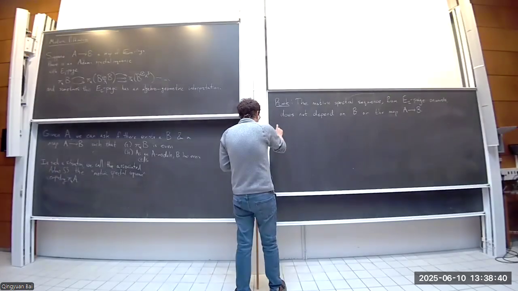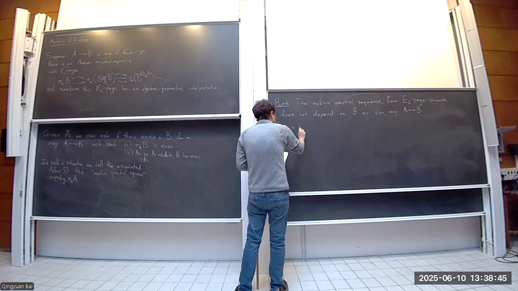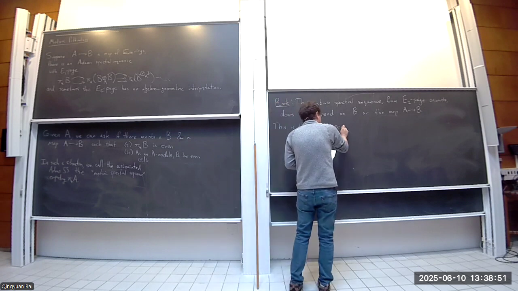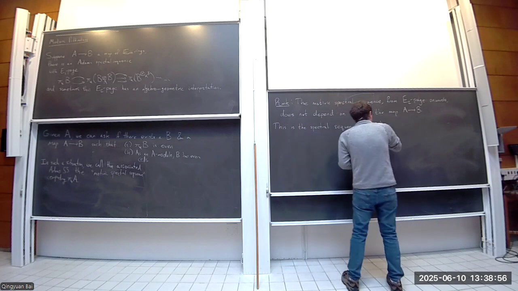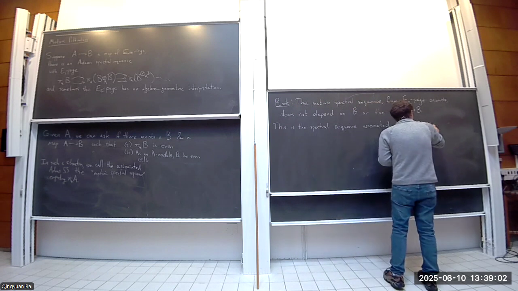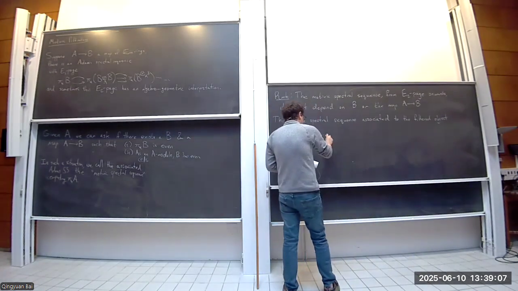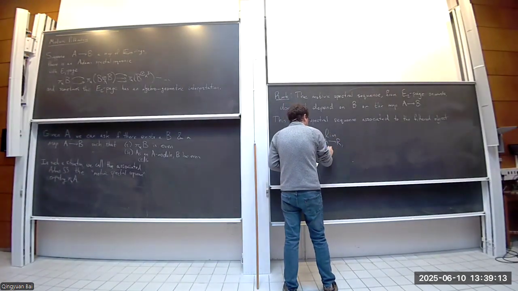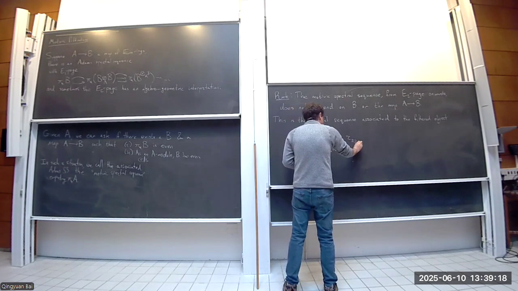And one way of seeing that is just to note that this is the spectral sequence associated with the filtered object where I take the limit for all maps from A to R, with R even, of the double speed cosmic hotel copy.